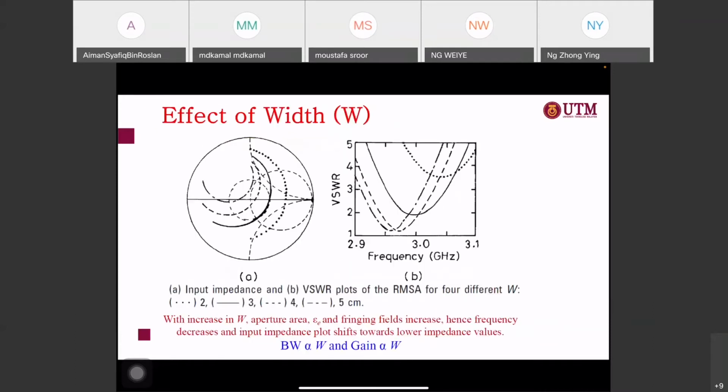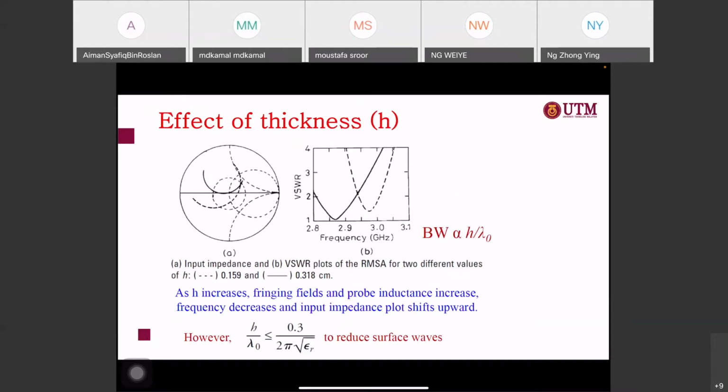Okay, if you have the effect of width here, what happens to your VSWR plot of a rectangular microstrip antenna for different W. This one just shows you the effect of the thickness h of your substrate. As you can see, the bandwidth is proportional to h over lambda naught.